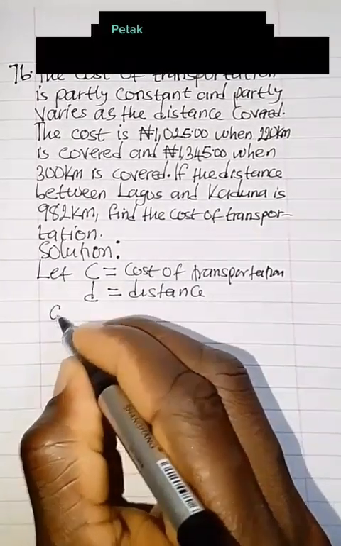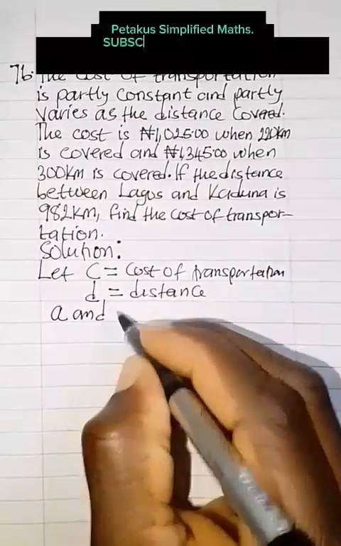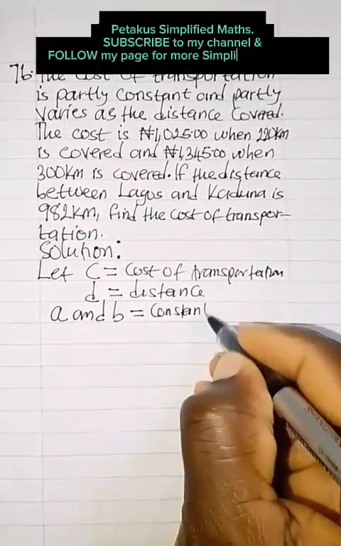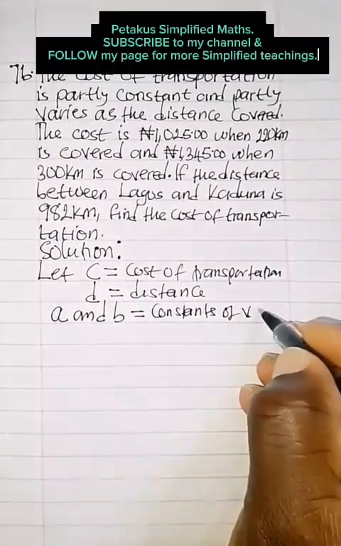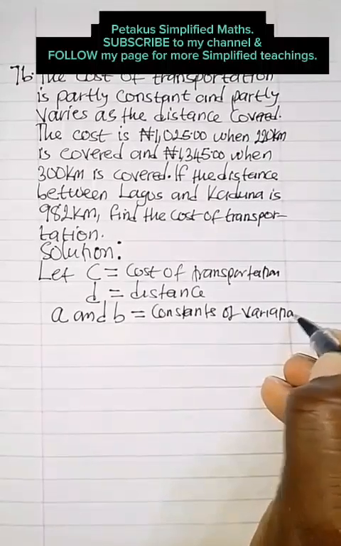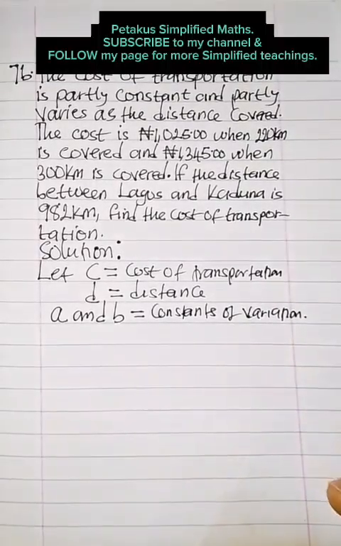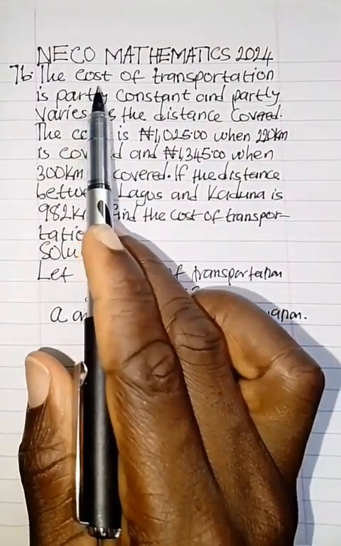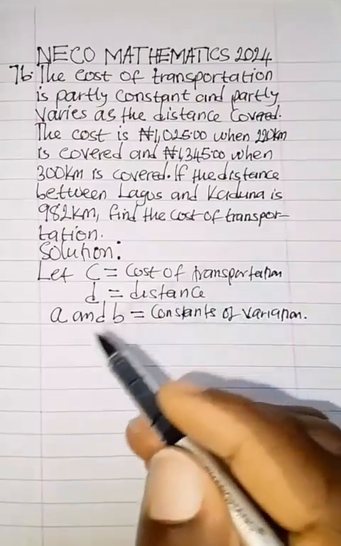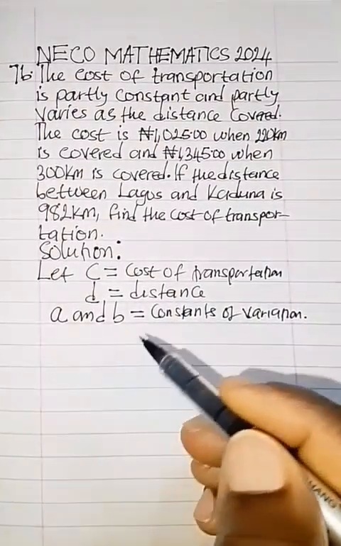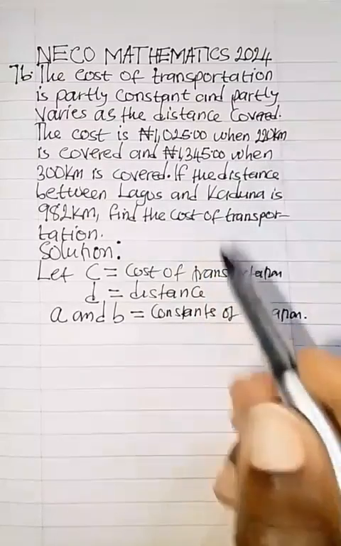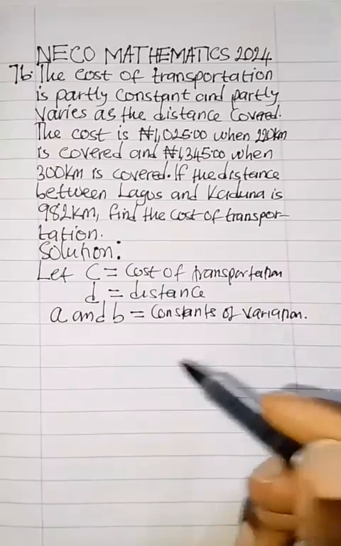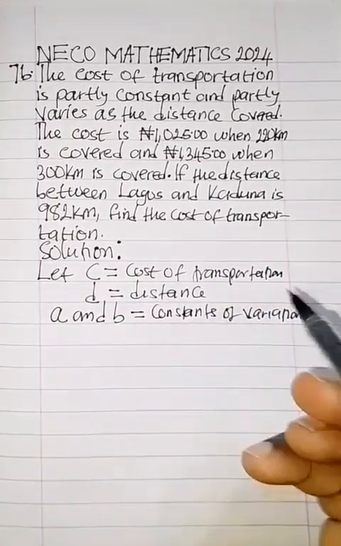So let A and B equal the constants of variation. If we interpret this, the first variable is always on the left, while you express the second variable and the two constants on the right hand side.